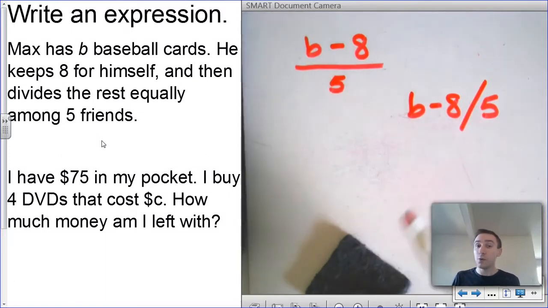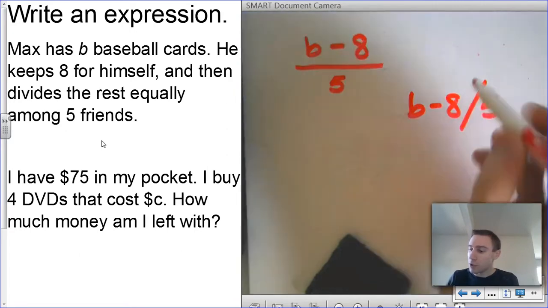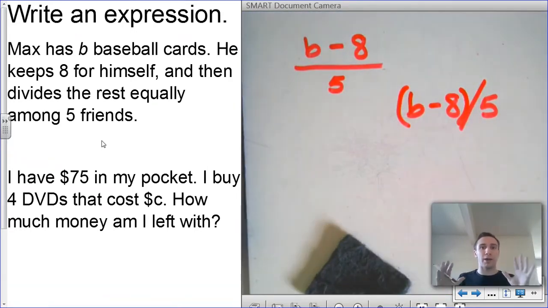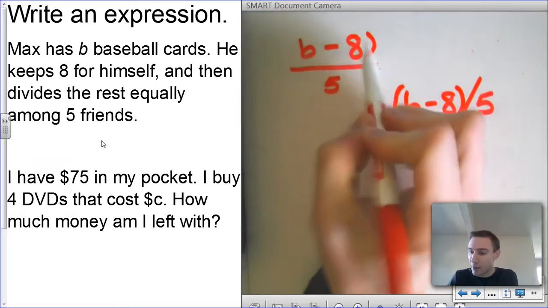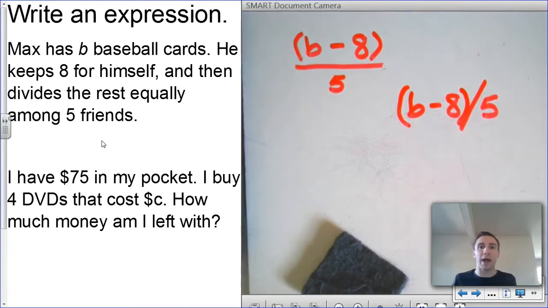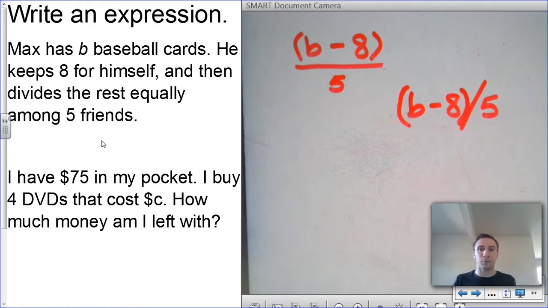So in order to trick your computer, you have to add parentheses around that B minus 8, and that tells it to figure out first what Max has in his collection. Okay, so we can get in the habit of doing the same thing in our expressions and adding in those parentheses so that we can figure out how much Max is giving away.